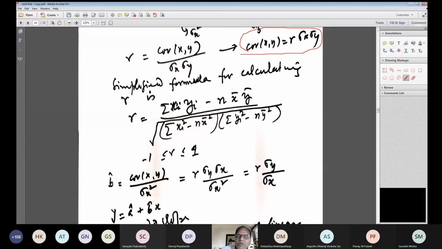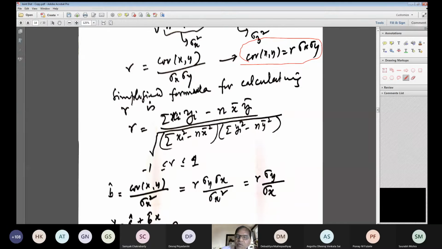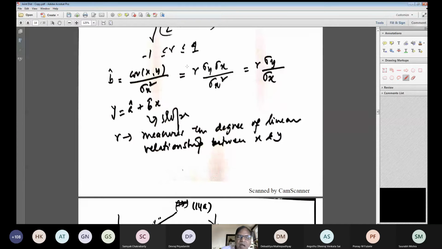If I substitute that, the slope becomes r sigma y by sigma x. So this is the relationship between the slope and the correlation. If any one of the quantities is known, one can obtain the other one.